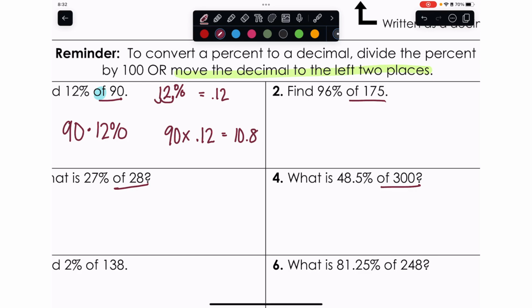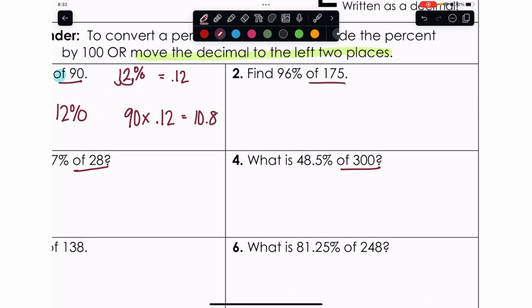So if you are now at a restaurant and you want to calculate tip, you're taking your bill, your total, your whole, and multiplying it by whatever the percent is as a decimal. So let's try number 2. I want to find 96% of 175. I'm going to take that whole number, 175 times 96, but I have to write it as a decimal.